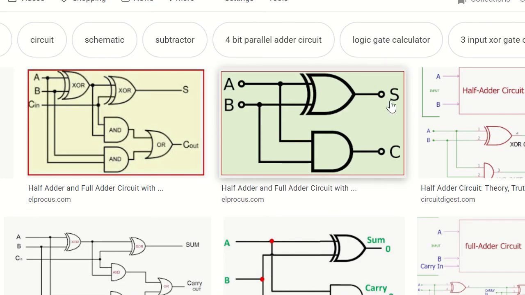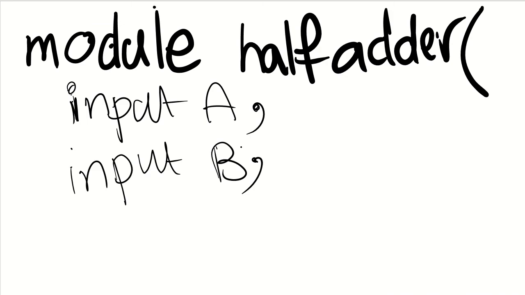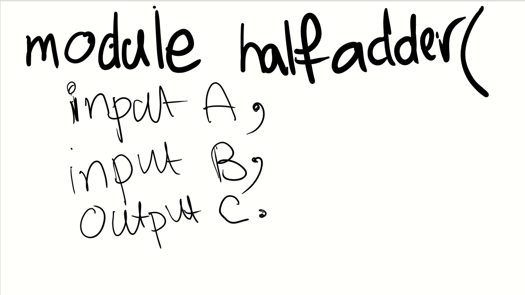The outputs are S and C. So you say output. The way I'm writing it, it's a conventional way, usually written on separate lines: next line, next line, next line. It's a convention. So output C, comma, output S.